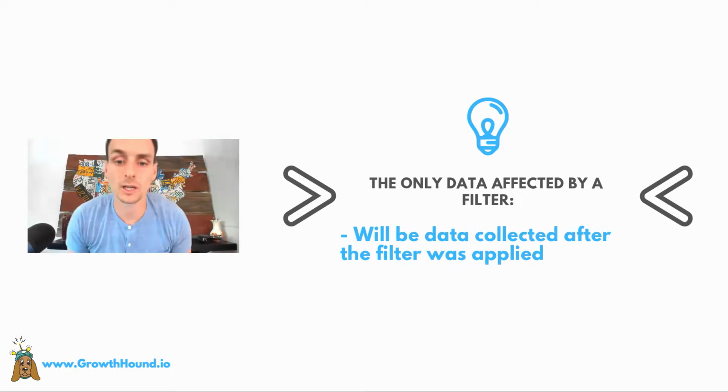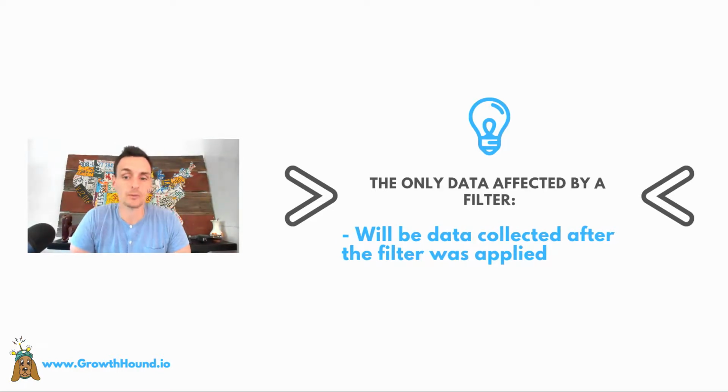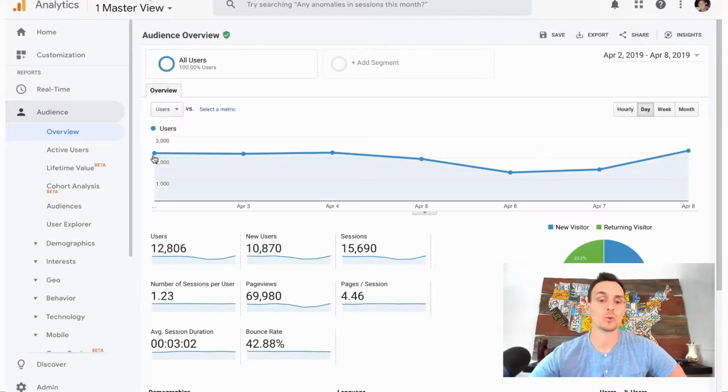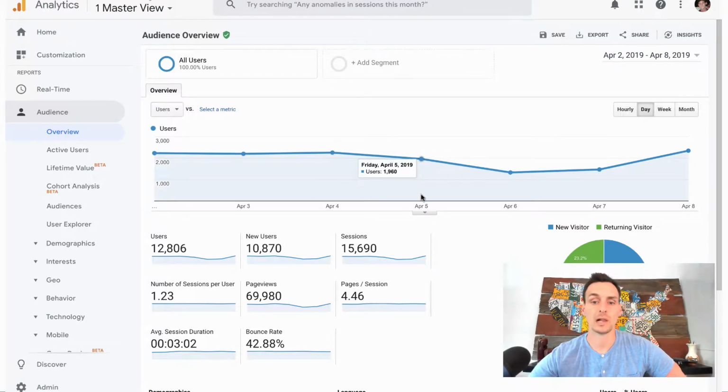We also need to understand that the only data affected by a filter will be the data after the filter is applied. So if we're in the audience overview report and we see a timeline of April 3rd, 4th, 5th for the week, and we had applied a new filter on April 5th, any data collected after that will have the new filter applied to it.